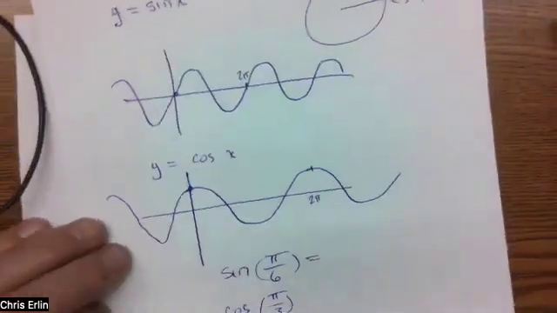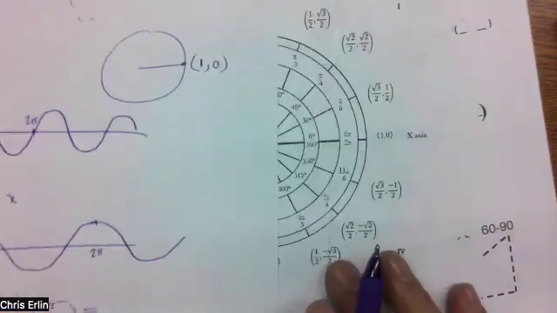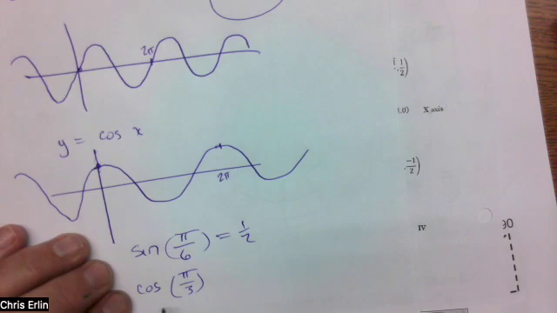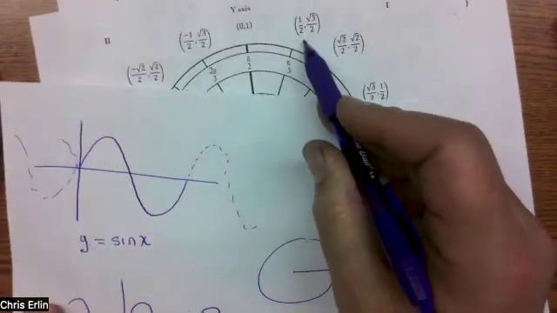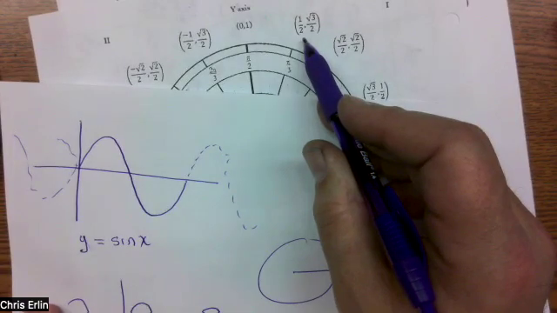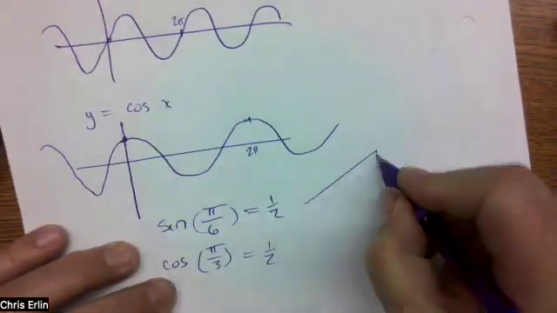Sine is what? X or Y? Sine is Y. So that's 1/2. What's the cosine of pi over 3? That's the x value. 1/2. Also 1/2.